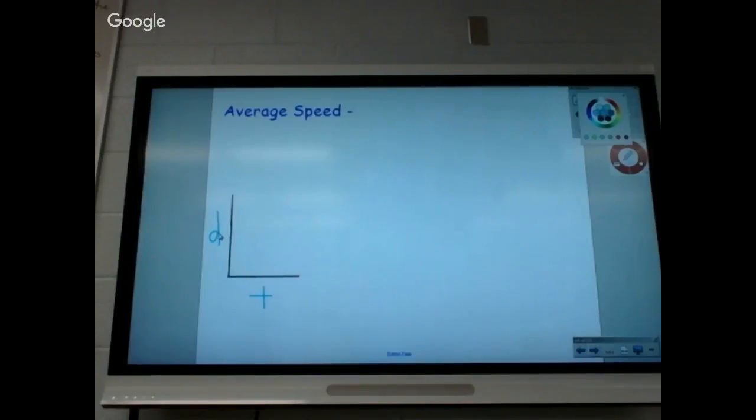No, it's going to change, depending where you are. But your average speed is all of the speeds you had before, added up and then divided by the number of speeds you've already had. Okay, I can live with that. That's not a bad answer.